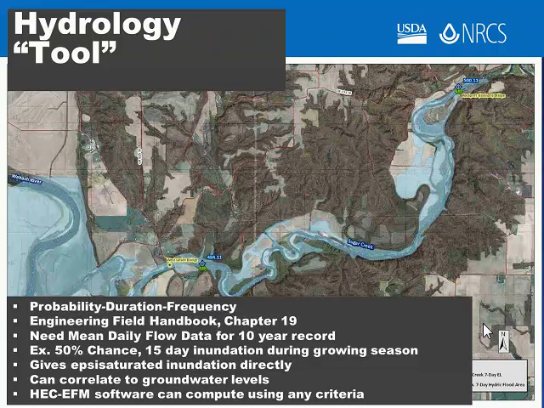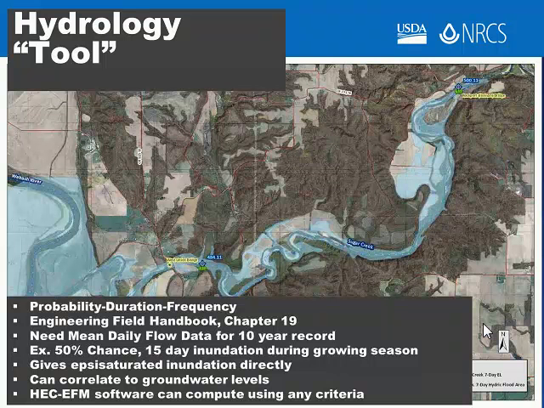However, if we can establish a good relationship between stream stage and floodplain groundwater level, we can still use that probability frequency duration analysis to calculate the duration of our high groundwater, and there are methods to do that on a site-specific basis.